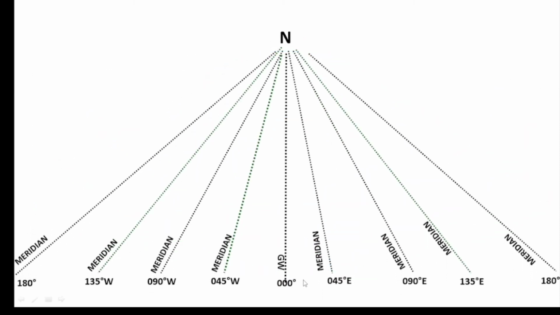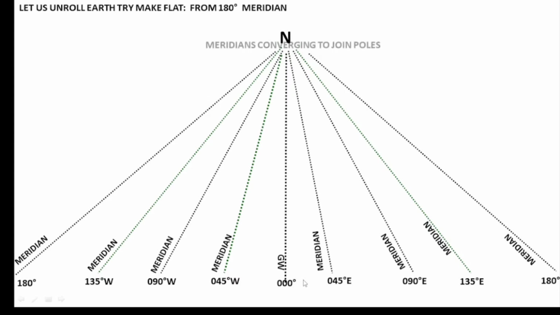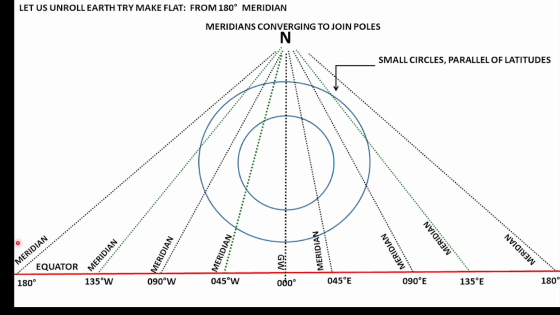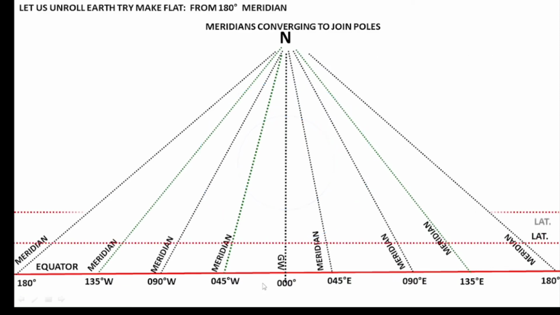And once I open it up completely, my longitudes should still be going and meeting at the pole, and my meridians would look something like this, converging to the pole, and all my circles, which are the equator and the small circles as parallels of latitude. Equator will look like a straight line here, and other circles would also come as straight lines. So your latitudes would appear as straight lines, whereas your meridians would still be going towards the pole.